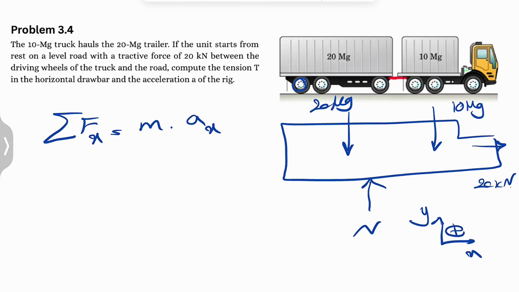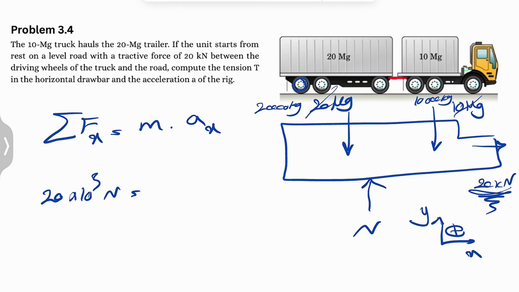From here we can find the acceleration, because the only force is the 20 kilonewtons, or 20,000 newtons, and we need to report all the masses in kilograms. 10 megagrams is 10,000 kilograms, and the other one is 20,000 kilograms.